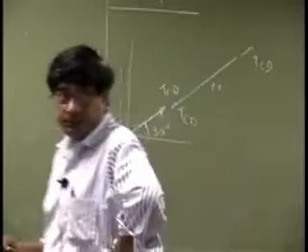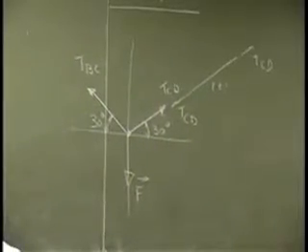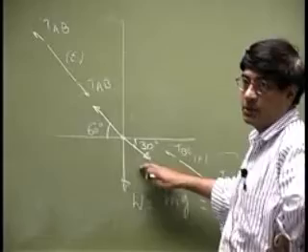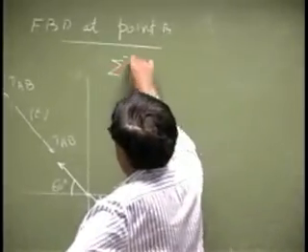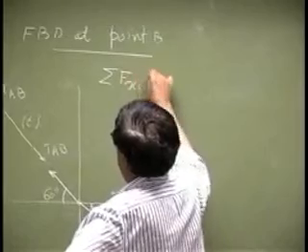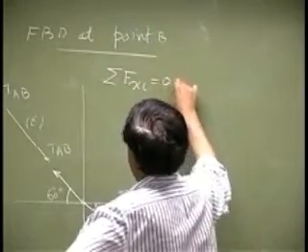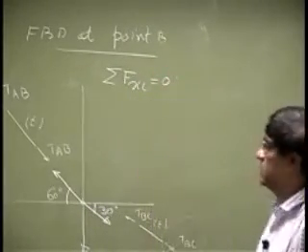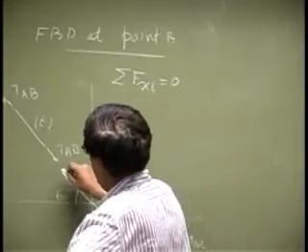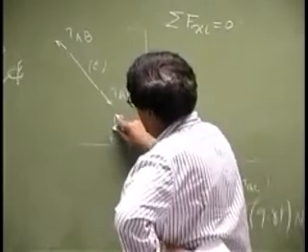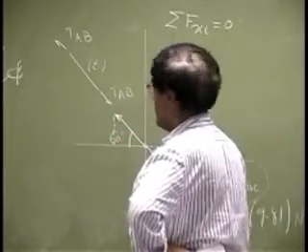Now at B, there are two unknowns. You have this one as unknown, you have this one as unknown. So you should be able to write two such equations. I could sum the force in the x direction, and that goes to 0. So take this point, we drop a perpendicular.